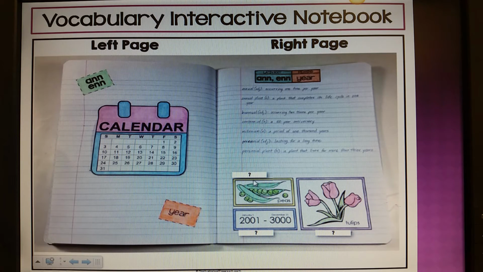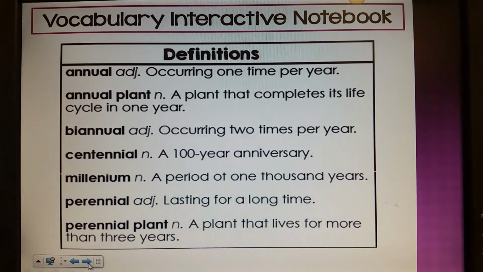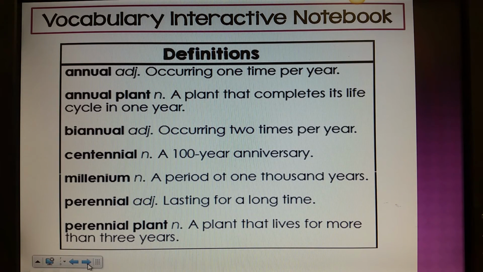You'll need to use those words to label these 3 pictures. So using the definition, you will label these pictures. Those words and definitions will be found on the next slide. So go ahead and finish your interactive notebook on the right side using these words and definitions. Go ahead and pause and do that now.